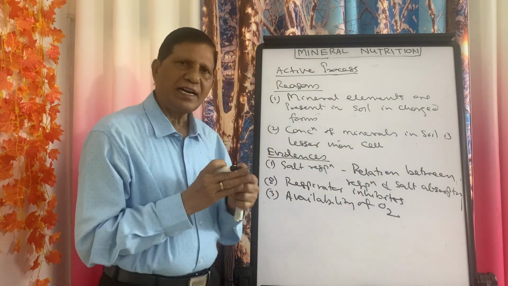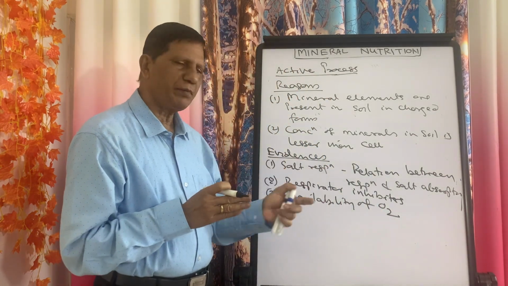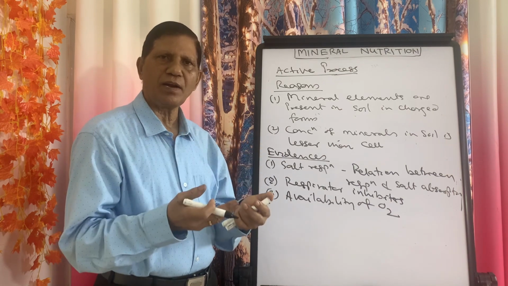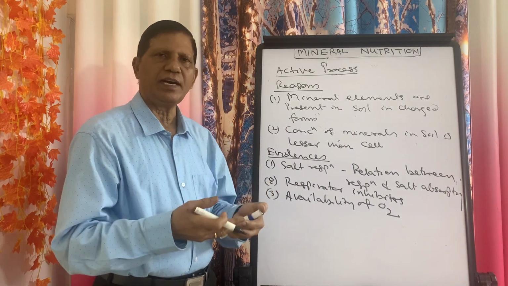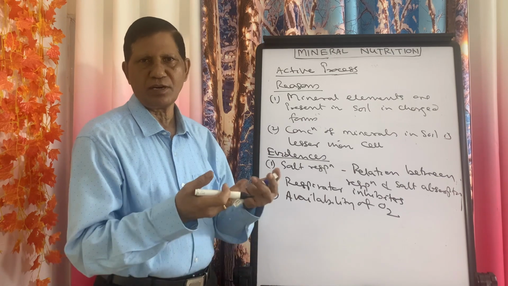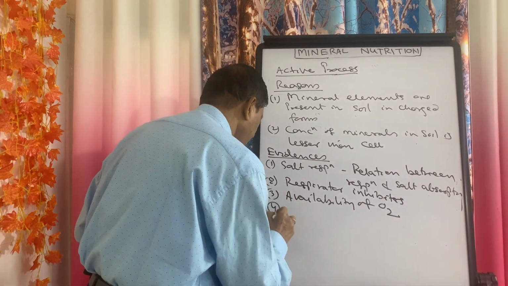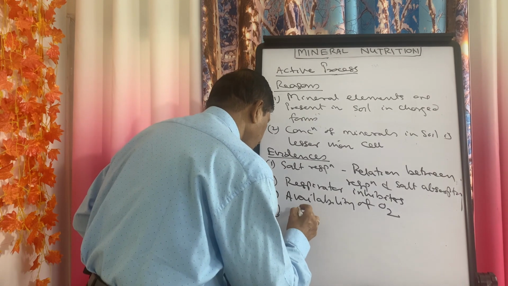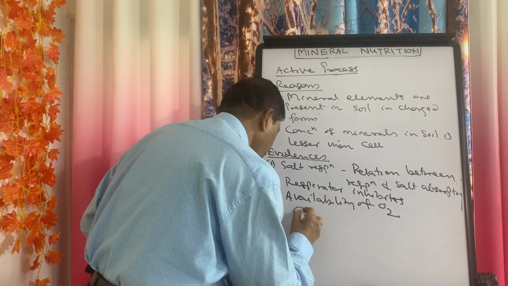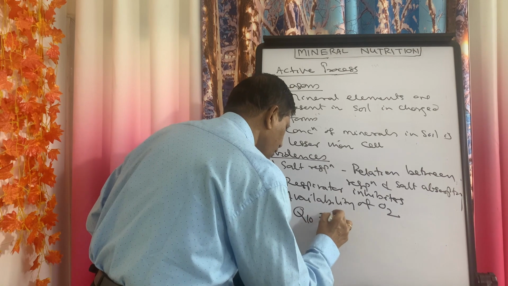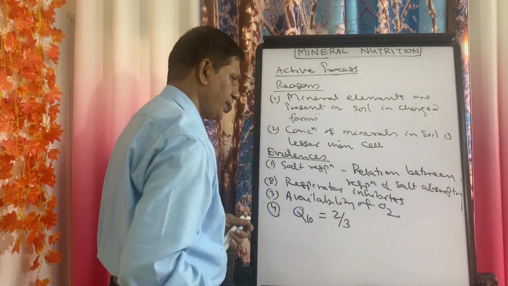There is a direct relationship with the rate of respiration. If the oxygen concentration is more available, that means the rate of respiration is high, then the absorption of salt is also high. And another point is that Q10 is always 2 or 3.